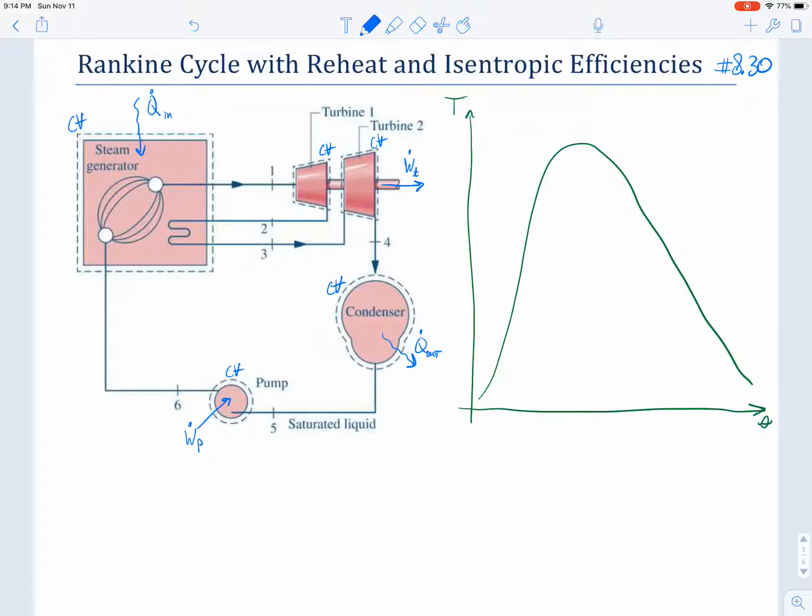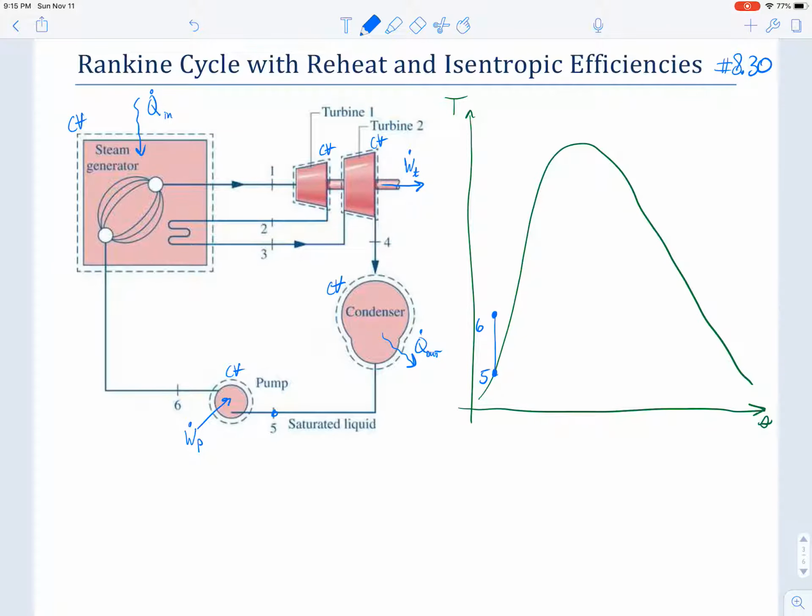Okay, let's start with the pump at state 5 because I know I'm a saturated liquid and I'm at the lowest pressure, the condenser pressure, at that point in the cycle. So here is state 5. And the pump is going to pump the fluid to a higher pressure level, so up to a larger isobar. I'm going to label this state 6.